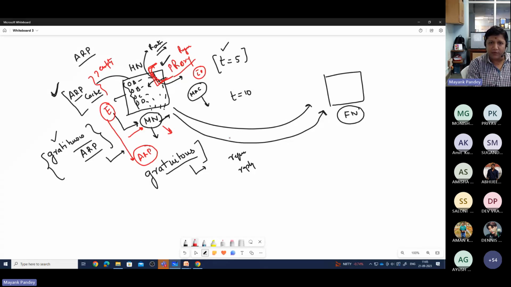If that mobile node has moved away, then the home agent will send a reply as a proxy and will send its own MAC address to E, that the MAC address of this mobile node is this. So these two, proxy ARP and gratuitous ARP, have the role here.